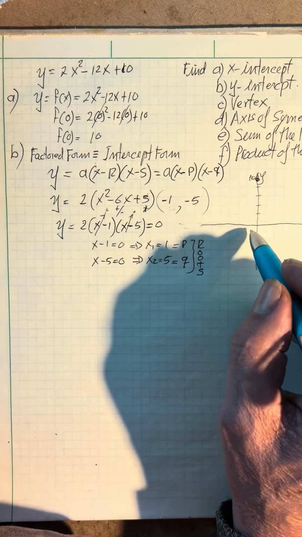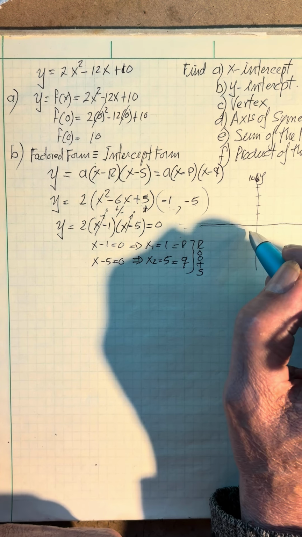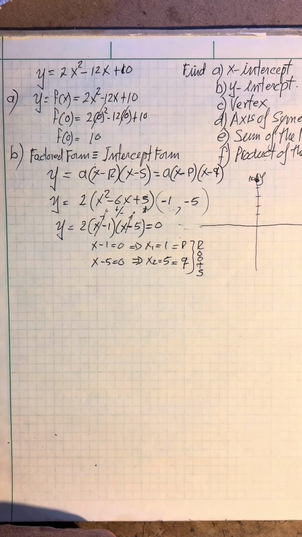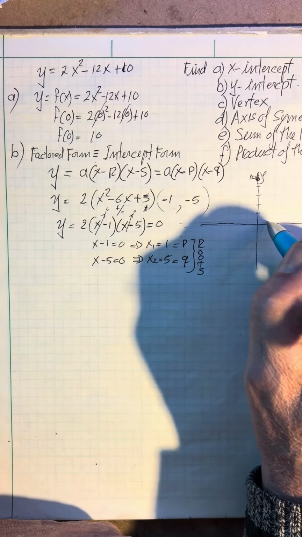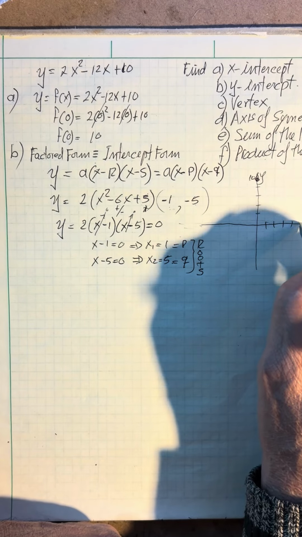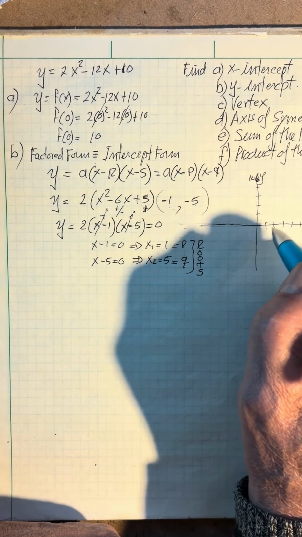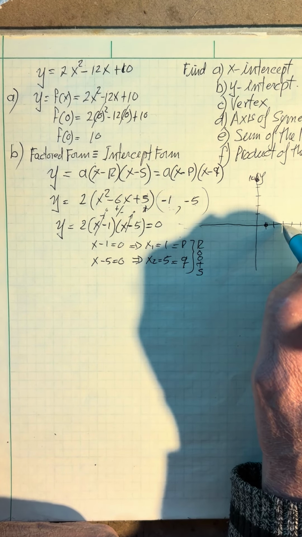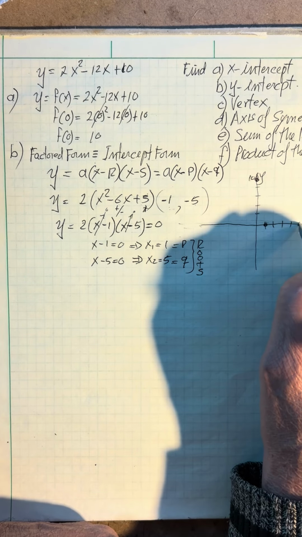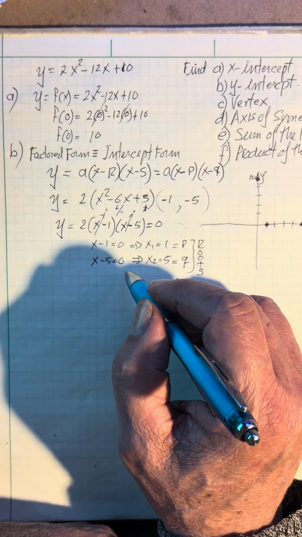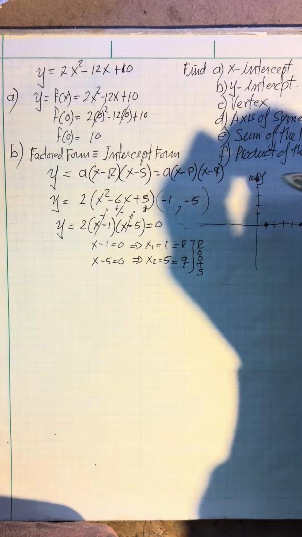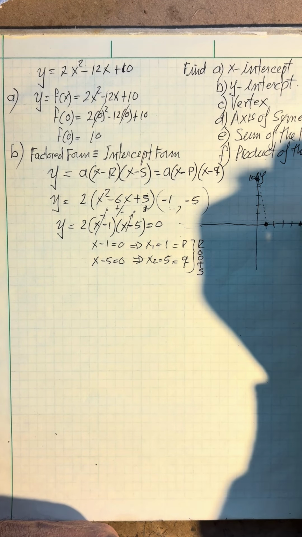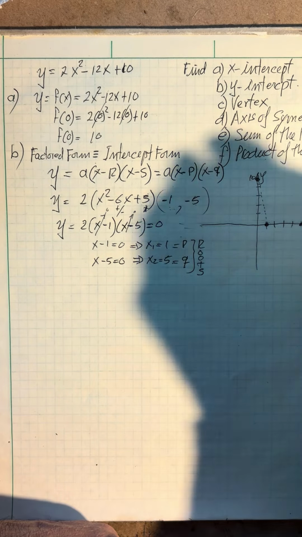So we can find it here on our graph. One is 1, and the other is 5. Okay, so we know that the parabola is going to go somewhere like this, and somewhere like that.